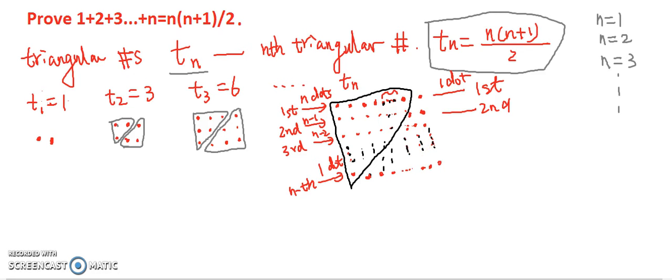We're going to use the black color to represent the little dots. So in the second row we have 2 dots, the third row 3 dots, and the last row, the nth row, we have n dots.